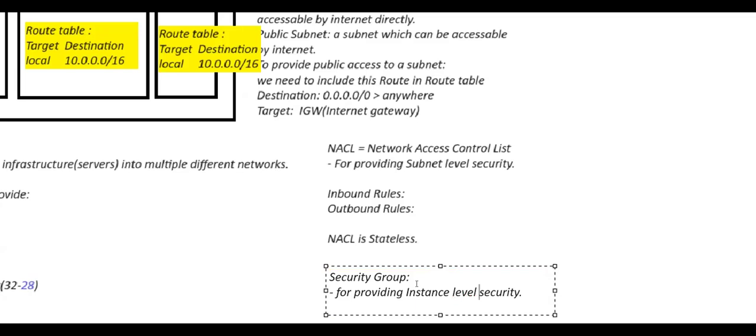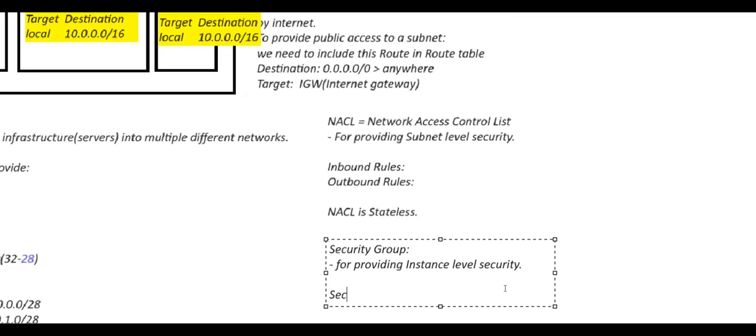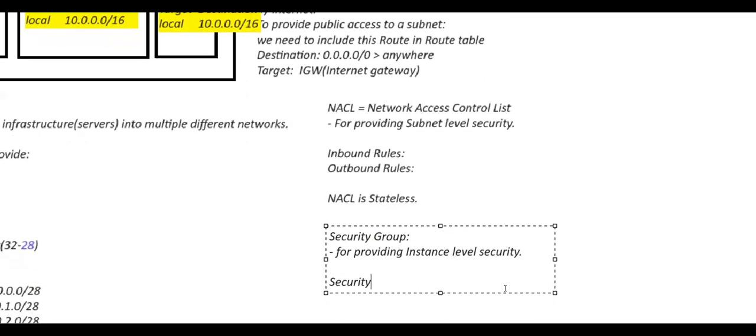So how do you provide it, sir? It will be same like NACL, but NACL is stateless, whereas the security group is stateful. So what does it indicate? It allows only one state. That is, you only specify the allowed traffic in the security group.